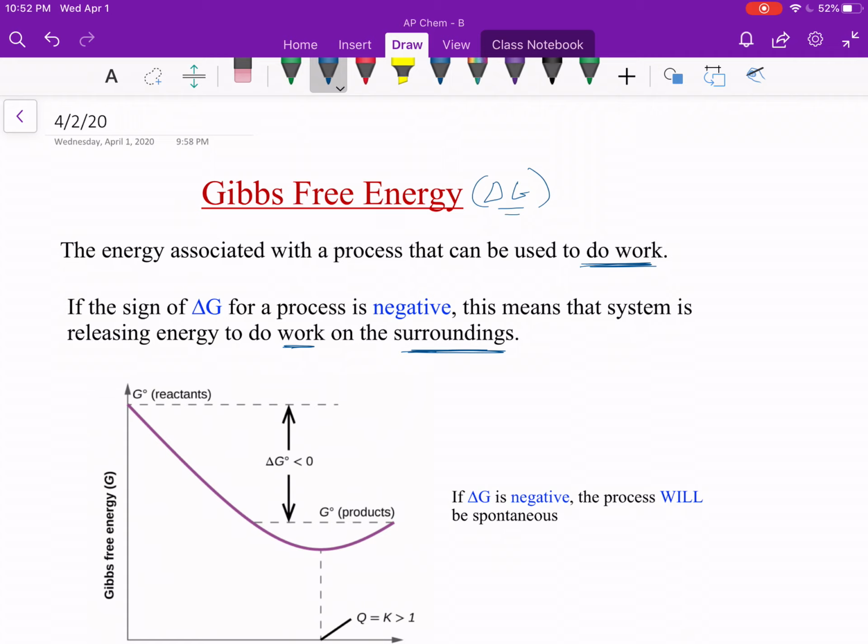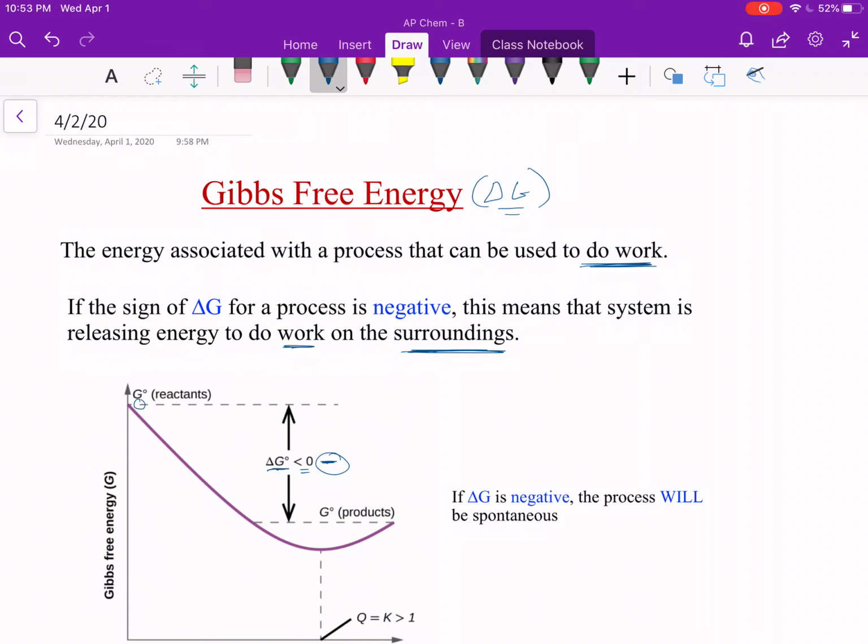A cool thing to remember is that in this particular case, Gibbs free energy decreases, so the change, delta G, would be a negative sign. We have that loss of free energy. When I look at this graph, it kind of makes me chuckle.